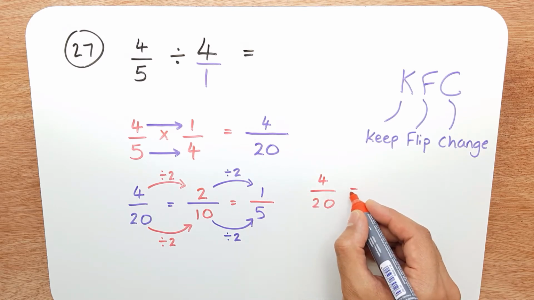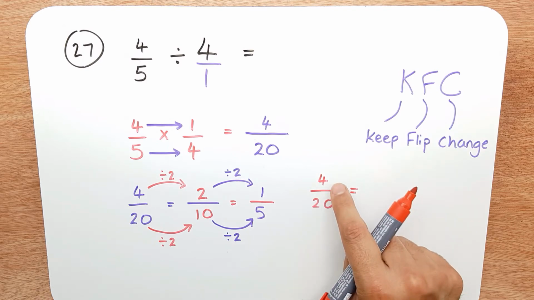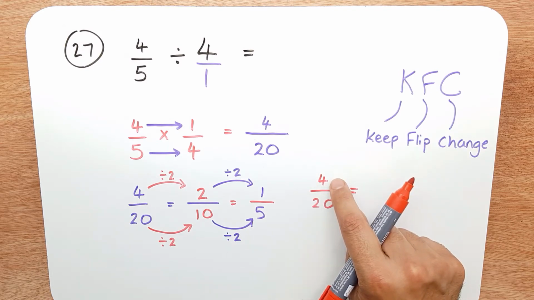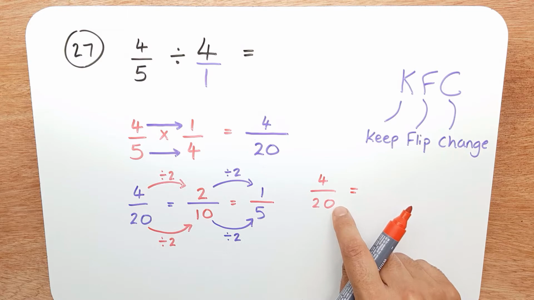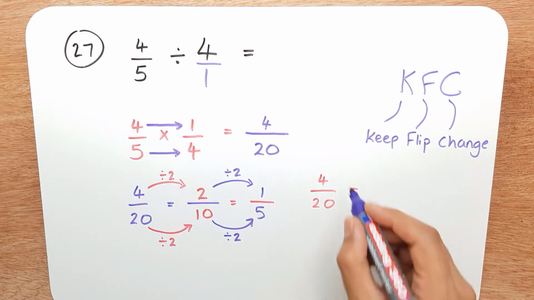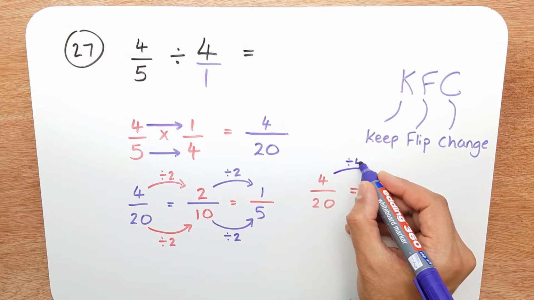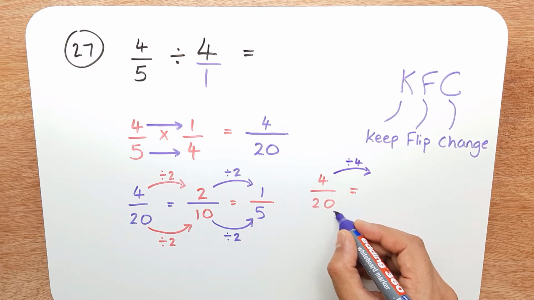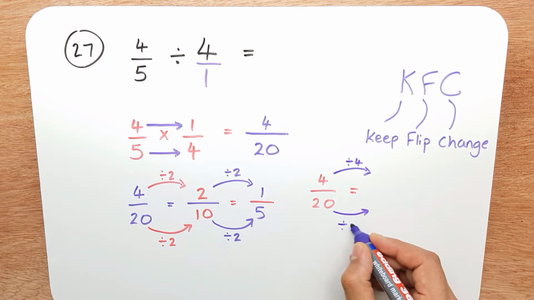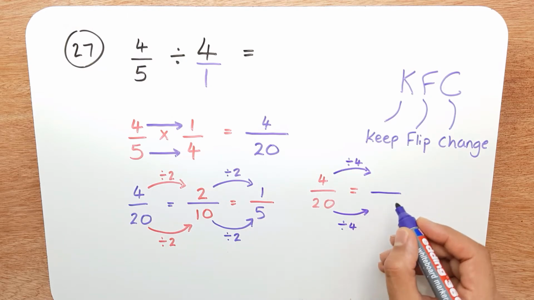Now, if I look carefully at this, let me write this here again. 4/20. If I spotted that the 4 and the 20 are both in the 4 times table, I could have divided the top by 4 and the bottom by 4 in one single step.